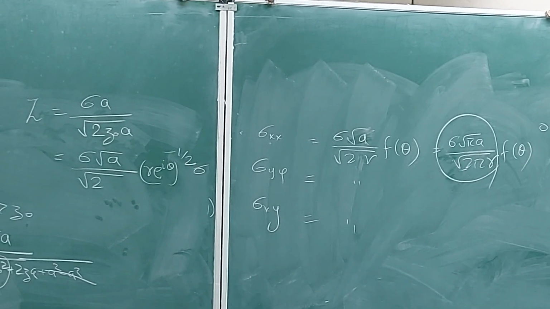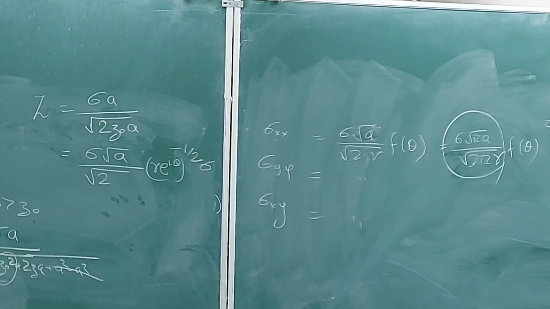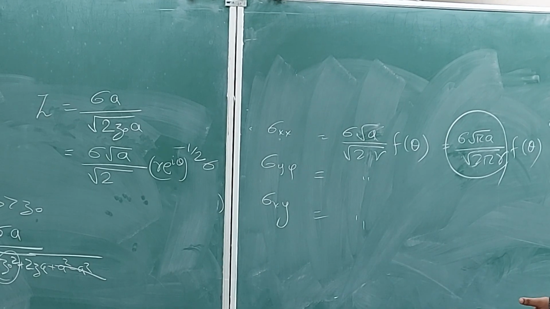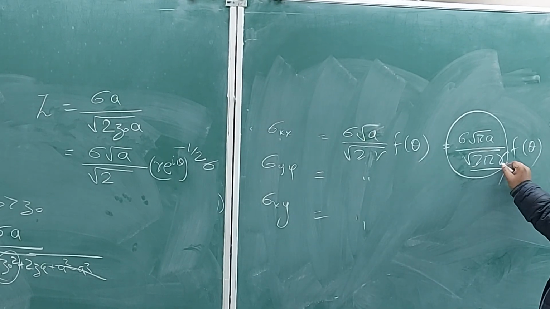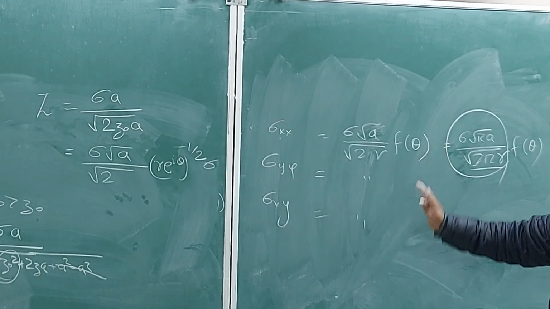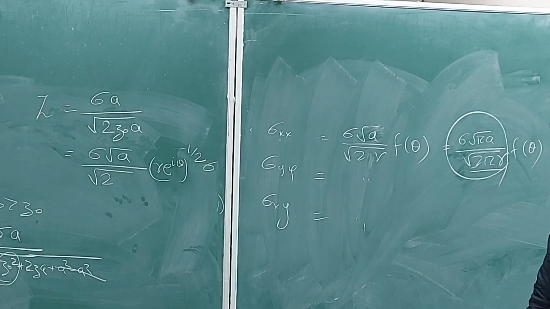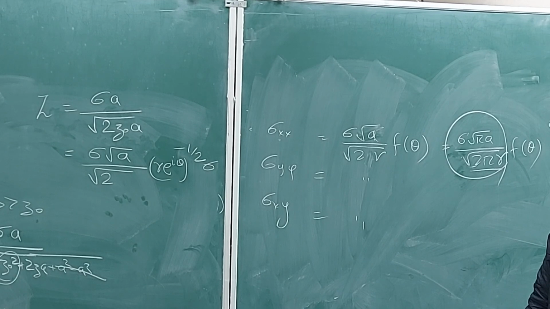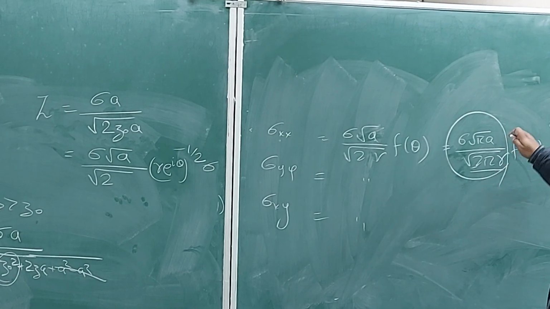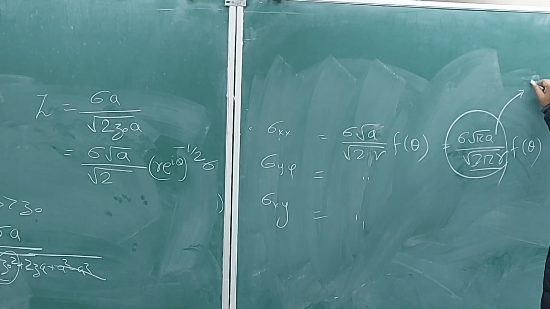For sigma xx, sigma yy, and sigma xy also, right? And this defines that when r tends to 0, all of the stresses will become infinite, whatever is the value of f theta. Okay?